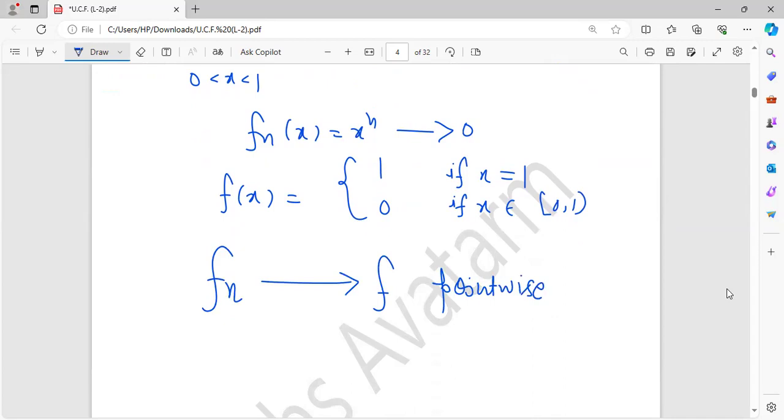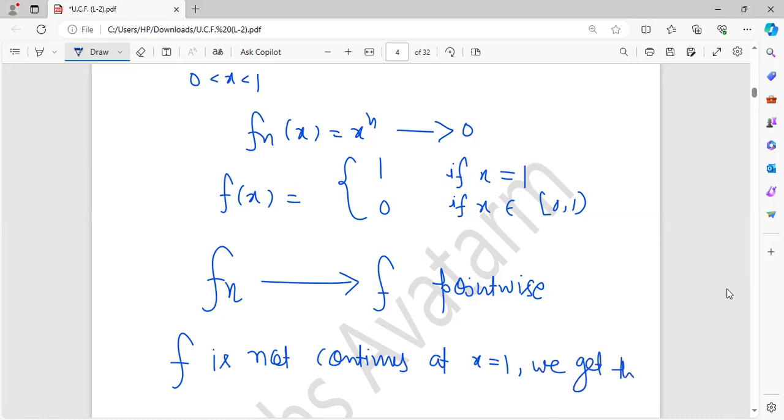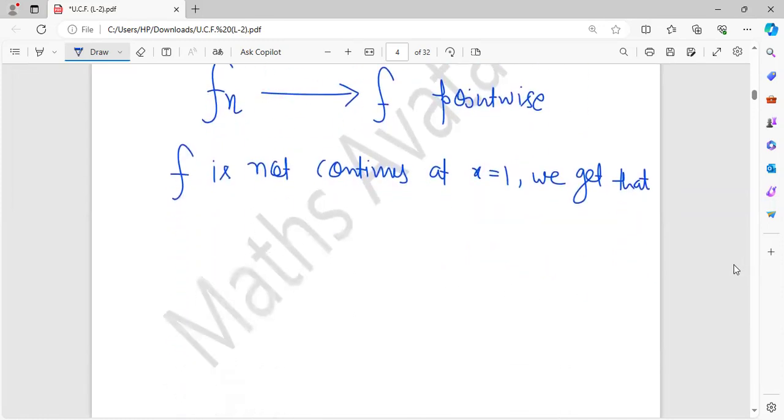Now what can you say? Because f is not continuous at x equal to 1, we get that f is not continuous on I, because if f is continuous on I, it has to be continuous at each point.